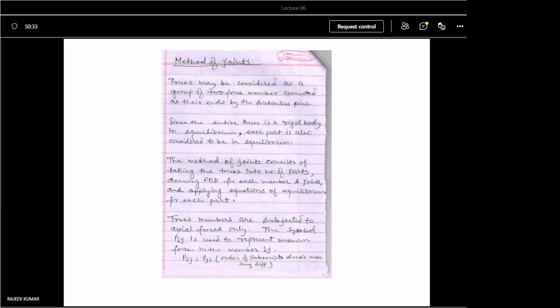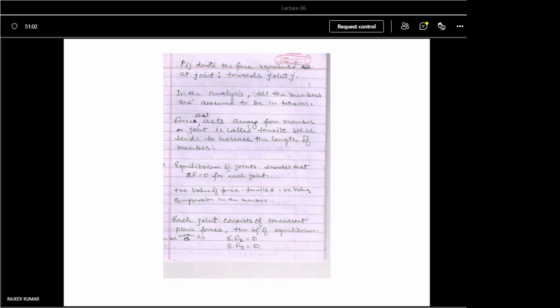Only the subscript order changes, and it shows whether forces are going from joint I to J or from J to I. In the assumptions we have assumed the forces in the member will remain the same. So whether it is Pij or Pji, both are the same. Keep that in your mind, no confusion should come.